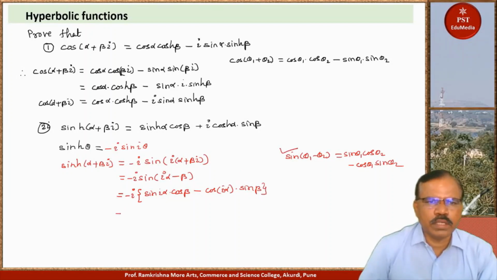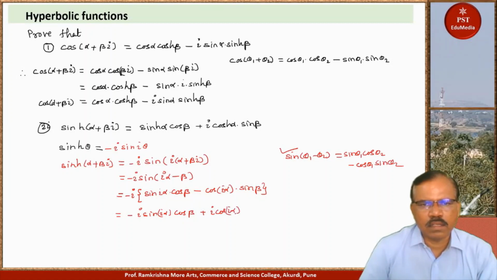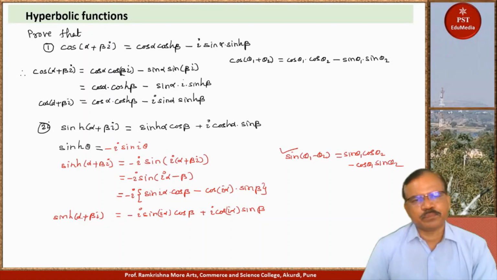So we have here minus I sin I alpha into cos beta, minus minus plus I cos I alpha into sin beta. So this is sin hyperbolic of alpha plus beta I.